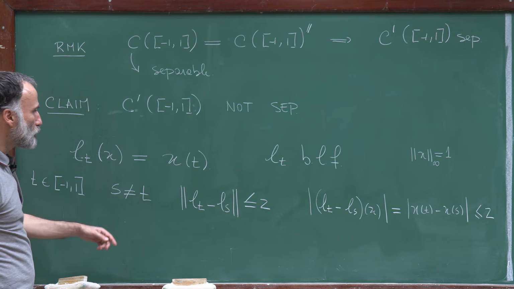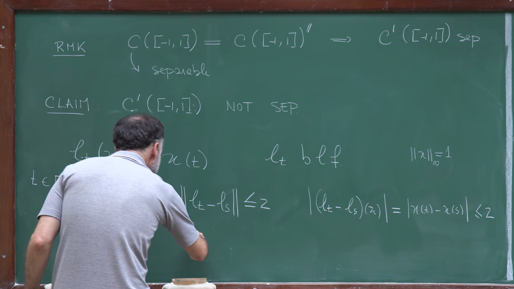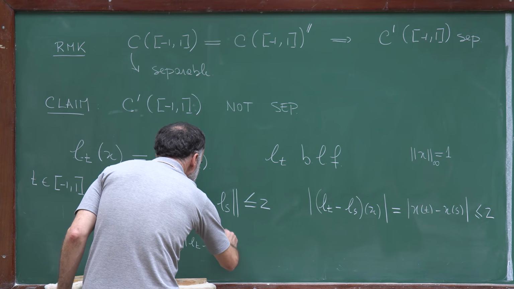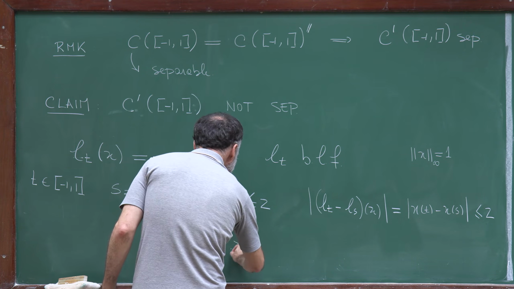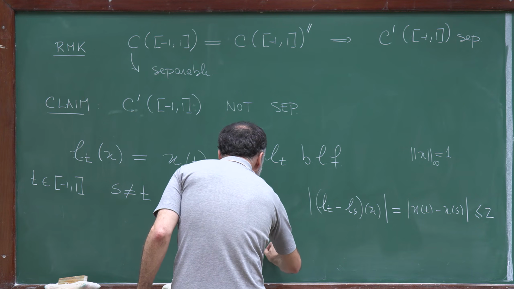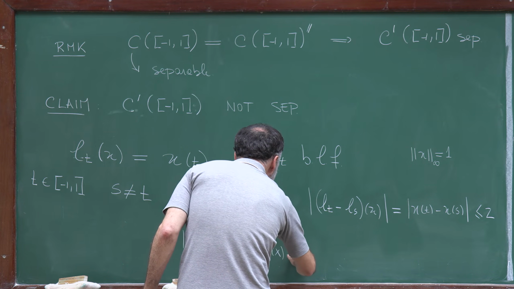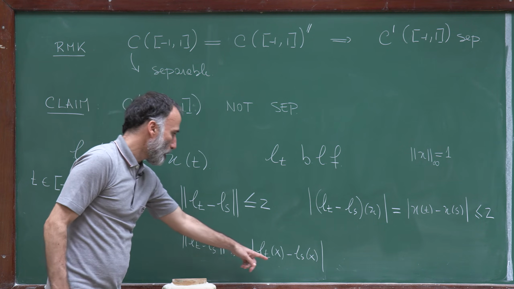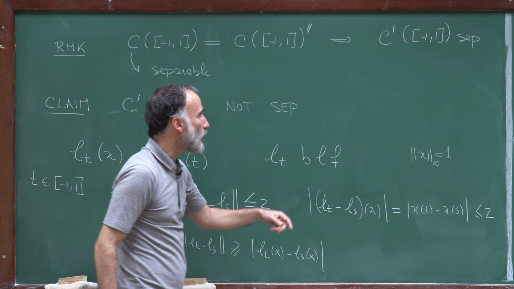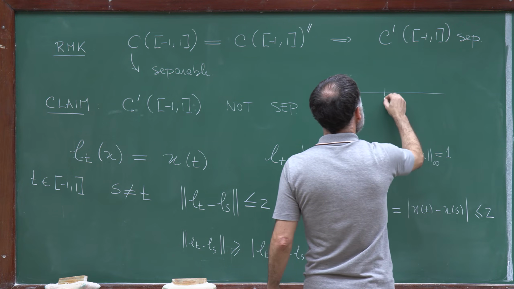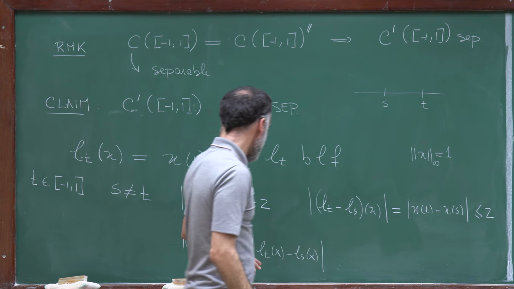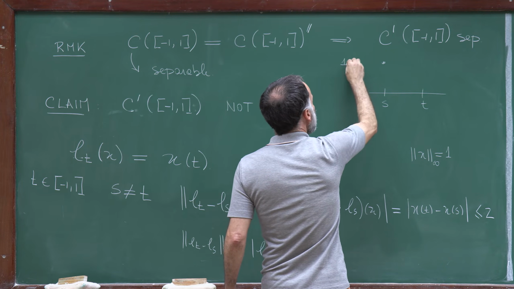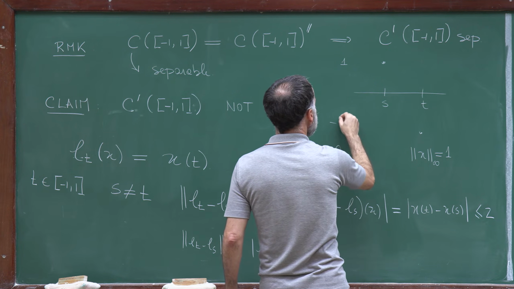So now let's prove the lower bound. The norm of L_t minus L_s is the supremum, so that's larger or equal than L_t x minus L_s x for any continuous function bounded by 1. So if I have here s and t, let's consider a function x which takes the value 1 at s and minus 1 at t, any continuous function.